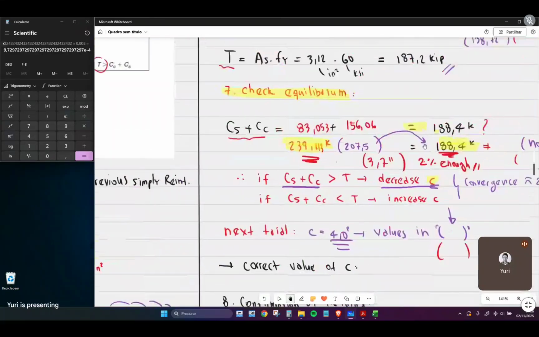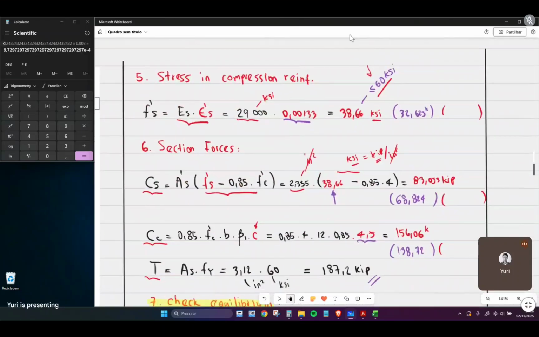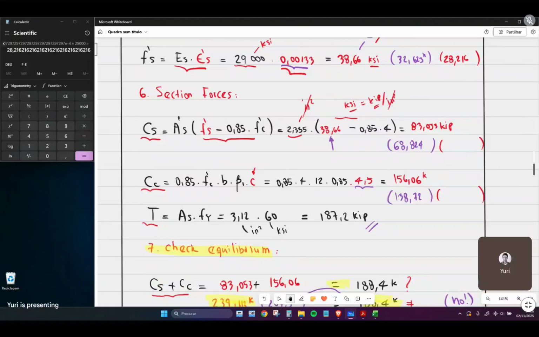Let's go to the stress. Now this value multiplied by 29,000. So 28.216. Got it. And now let's go to this part here. Subtract. So minus 0.85 times 4.